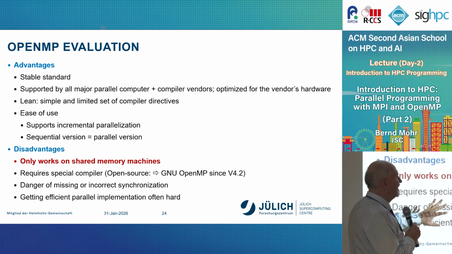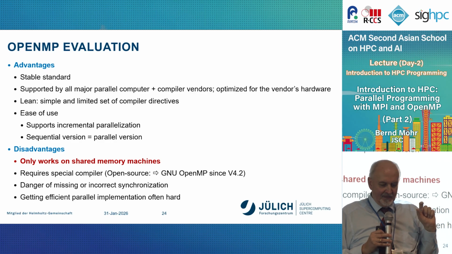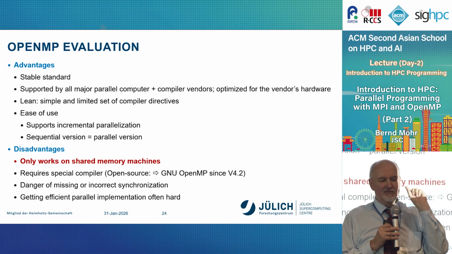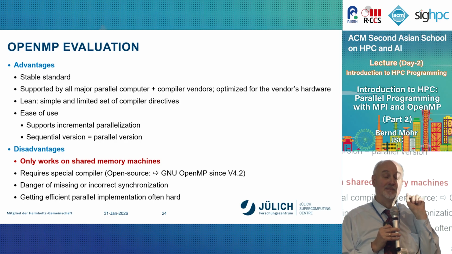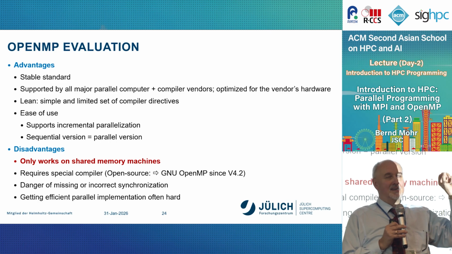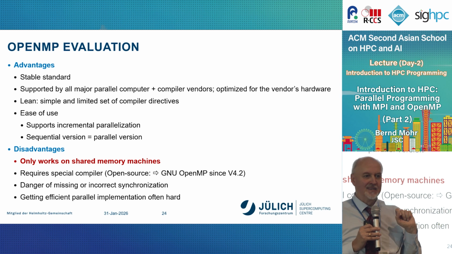The problem here with shared memory is, there are basically two problems. You don't declare the right variables private, and then the different processes override that value all the time, and you don't notice.